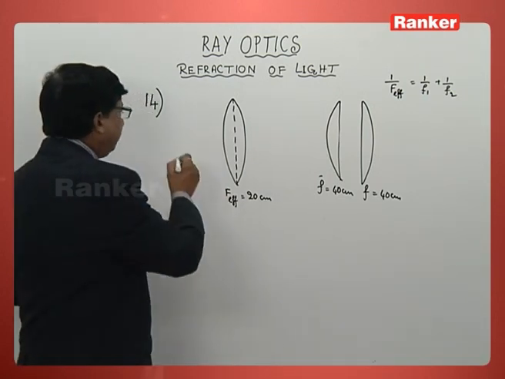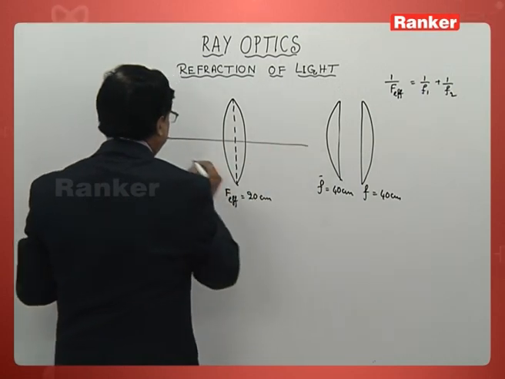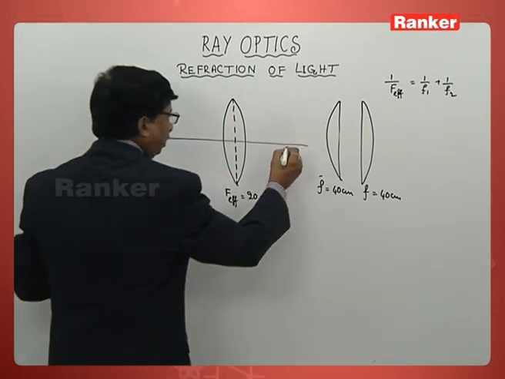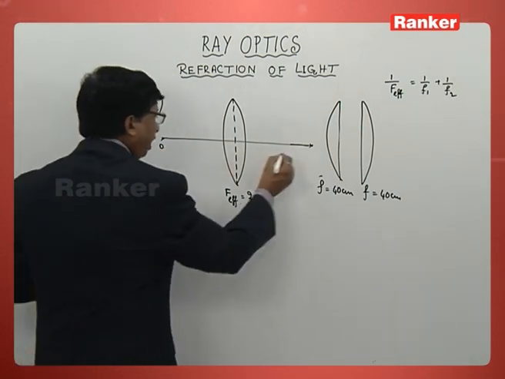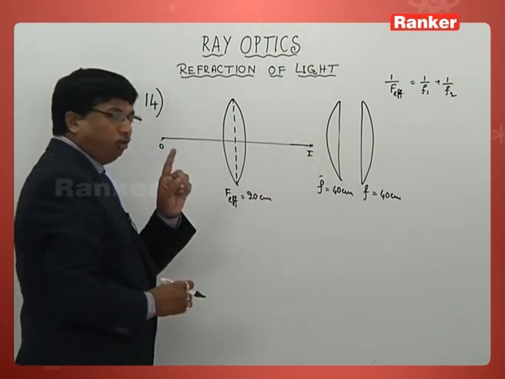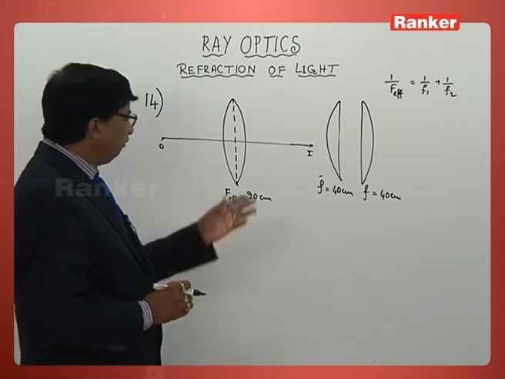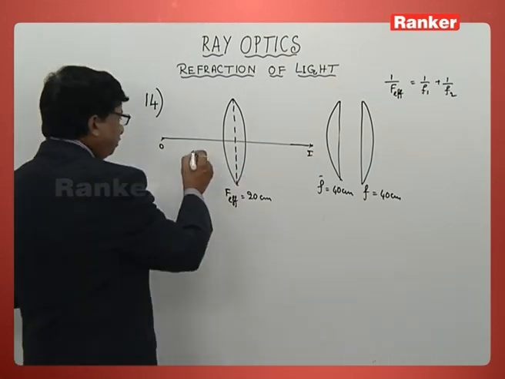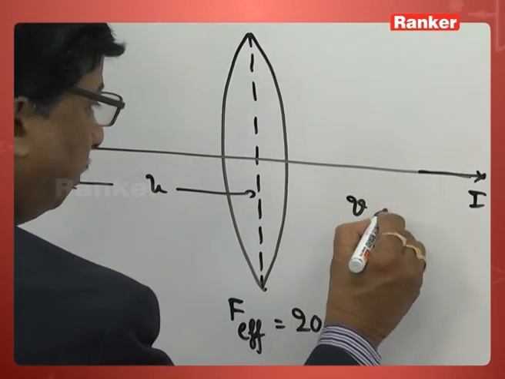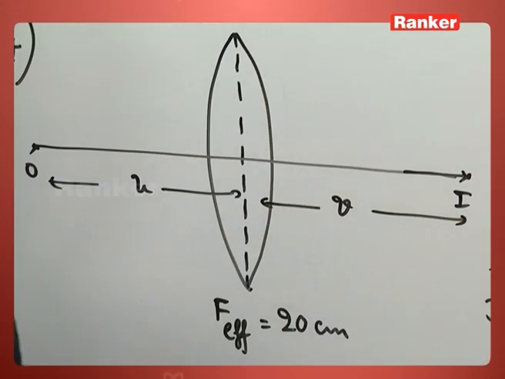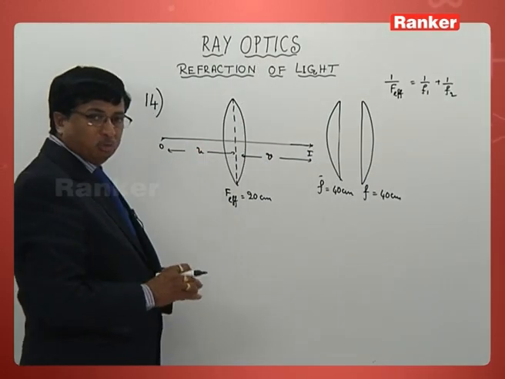Where should you keep an object from this lens so that the image formed over here will have a magnification of 1 unit? Magnification is 1 means what? Object distance and the image distance are supposed to be equal. When will they be equal?